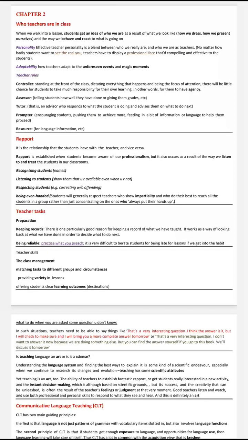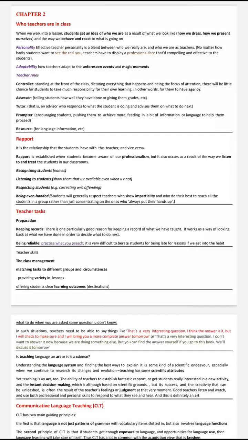Tutor: that is an advisor who responds to what the student is doing and advises them on what to do next. Prompter: encouraging students, pushing them to achieve more, feeding in a bit of information or language to help them proceed.